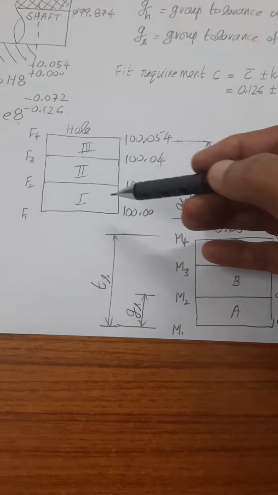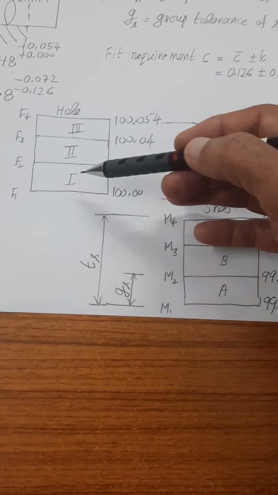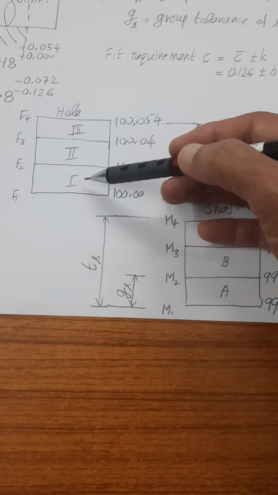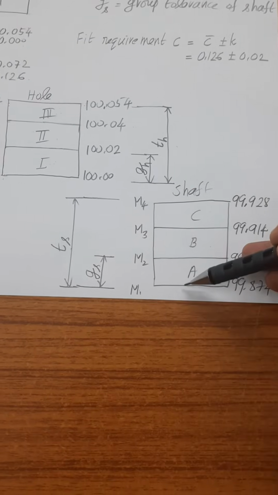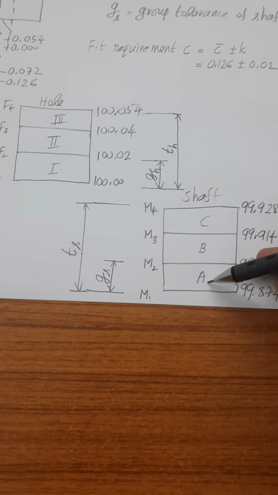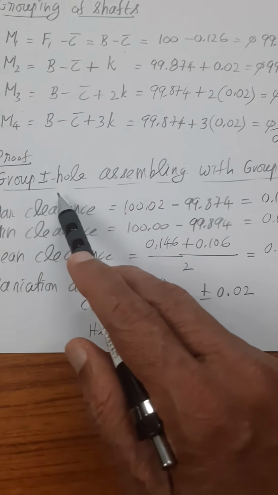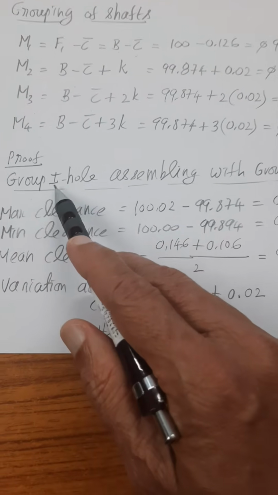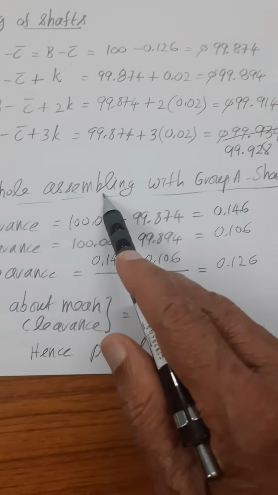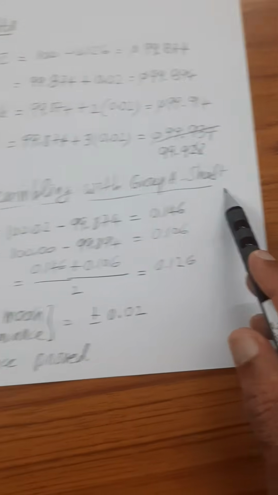We will prove it. Let us say on assembling the first group of holes with the A group of shafts, we will check what clearance we are getting. So group 1 of holes assembling with group A of shafts.